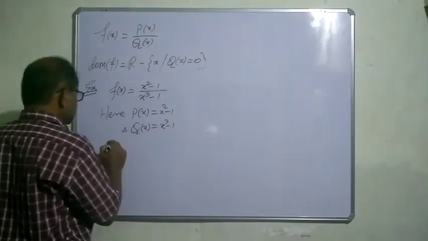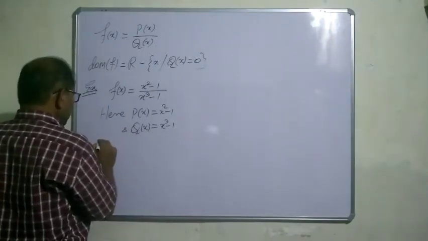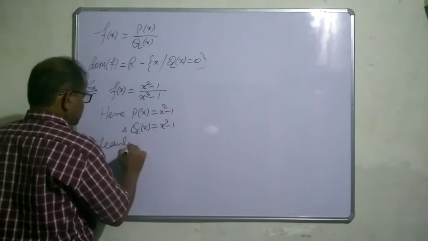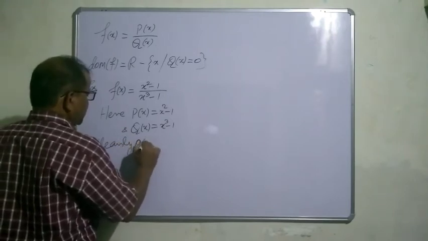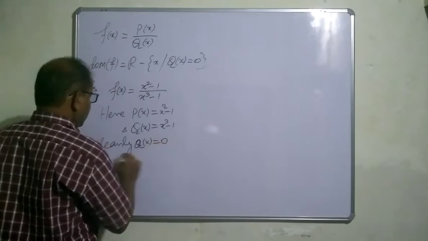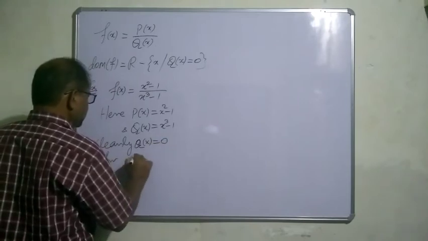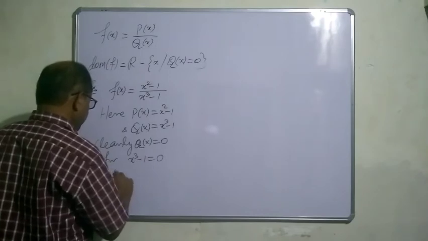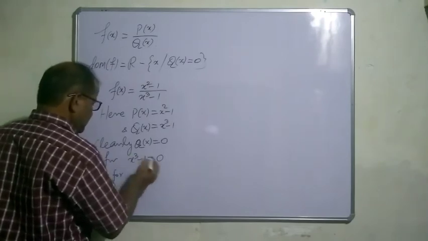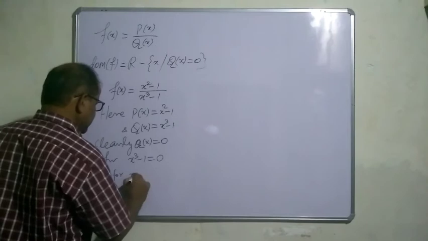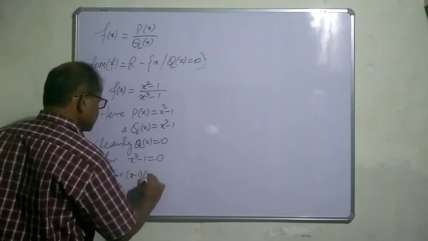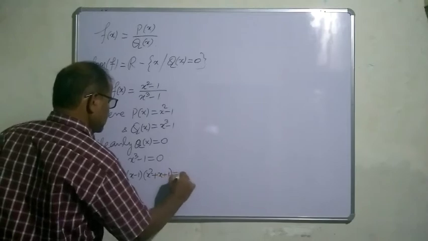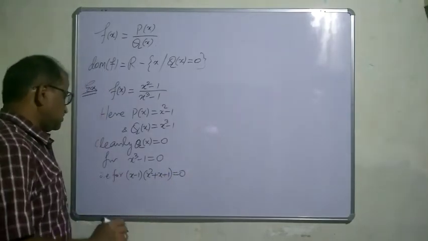So clearly q(x) is equal to 0 for x cube minus 1 is equal to 0. We can factorize it: x minus 1 into x square plus x plus 1 is equal to 0.